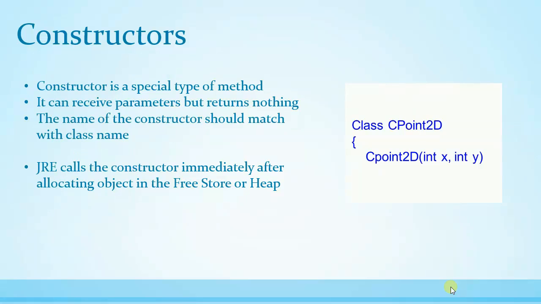Since constructor is a function, you can place statements by opening and closing the parentheses, and in between you can put all your initialization code. So the constructor gets called by the Java runtime environment after the object creation. Whenever you see a new keyword, the object is allocated in the free store. After that, the very first function that gets called is the constructor.